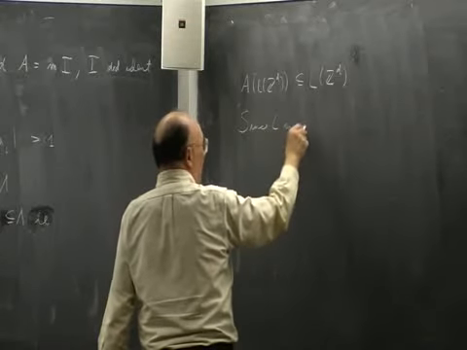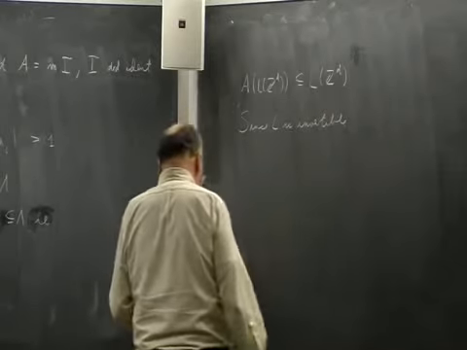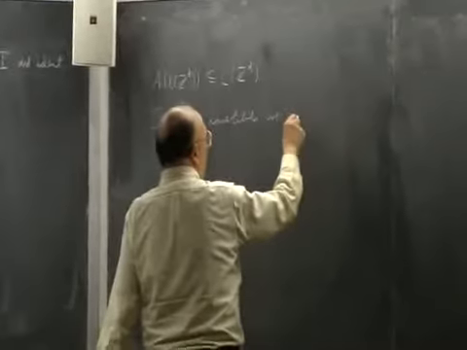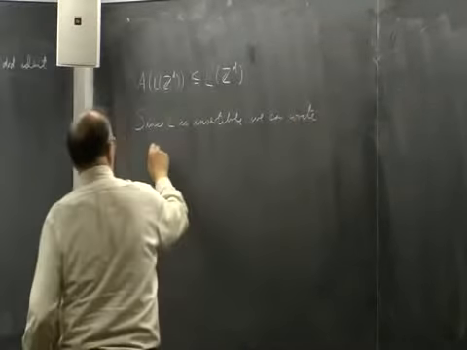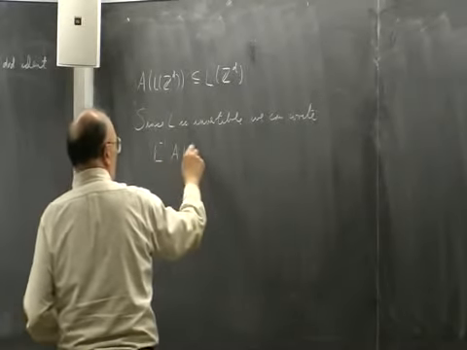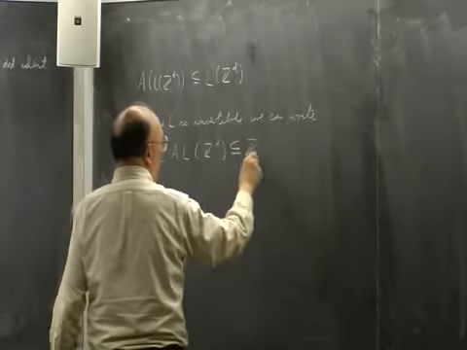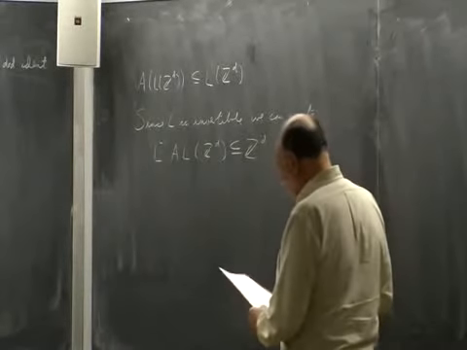So since L is invertible, we can write L inverse A L of Z^D contained in Z^D. Okay?